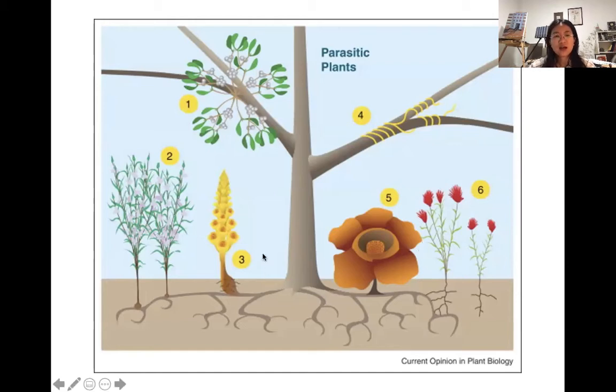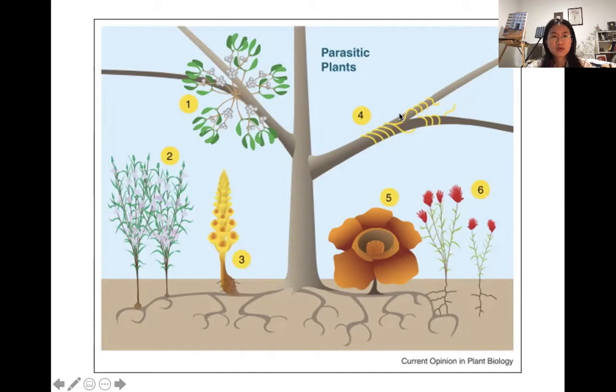And also things like Cistanche or Striga, which establish connections with the root of the host and get the water and nutrient they need from the host.